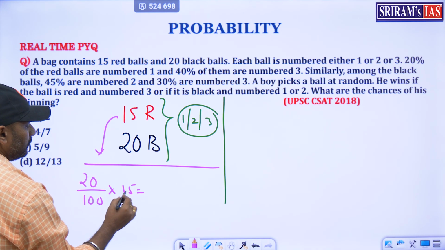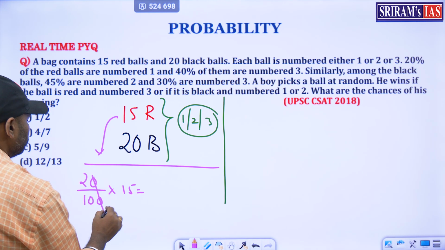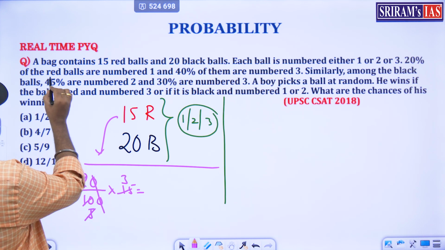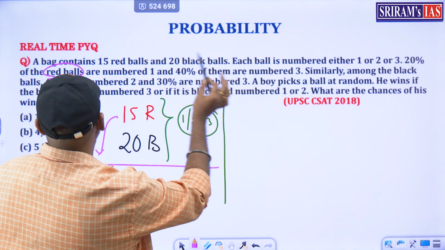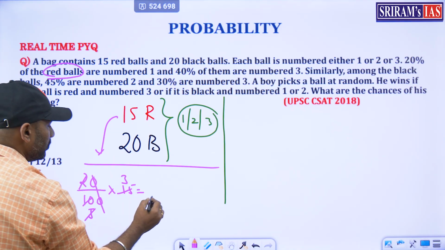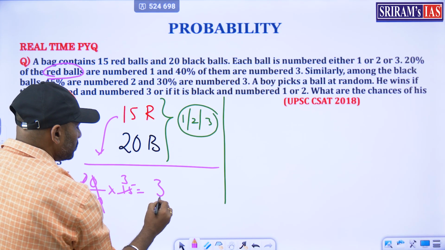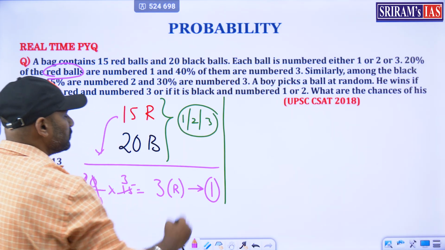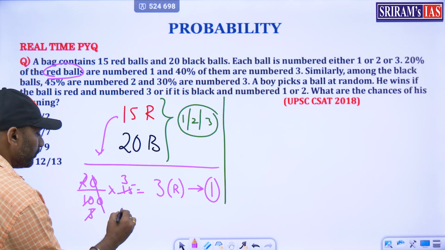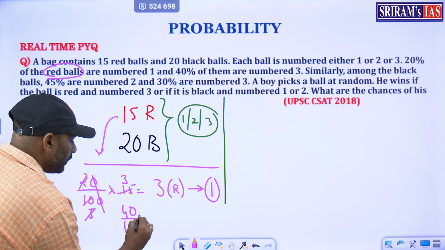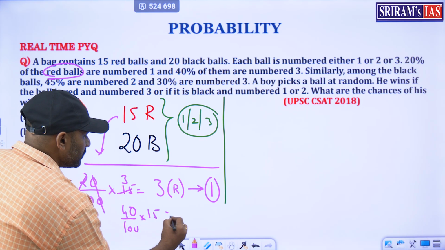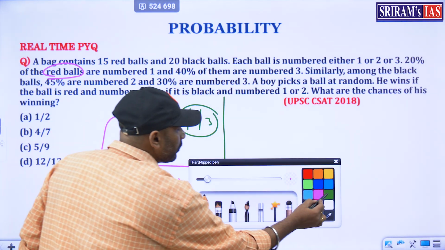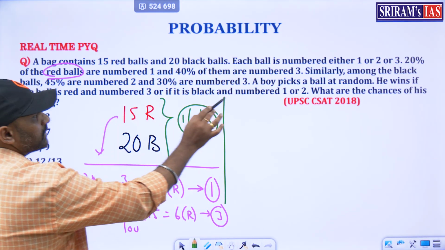So 20% of the red balls are numbered 1, so total 3 red balls are already numbered 1. And 40% of them, that is 40% of 15, which is 6 red balls, are numbered 3. So if you observe, what is the question finally?